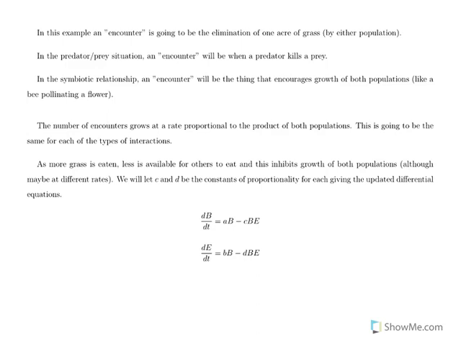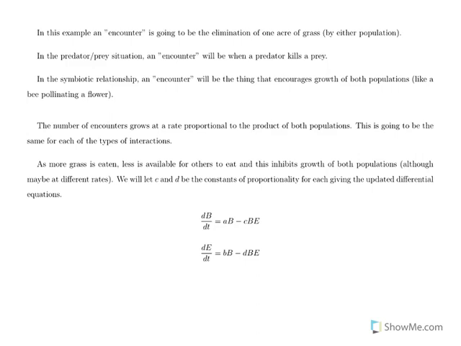To look at what an encounter is in the other two examples: in a predator-prey situation, and this makes a lot more sense in this case, an encounter is when a predator kills a prey. So that is when those two populations are interacting with each other, predator eating prey.